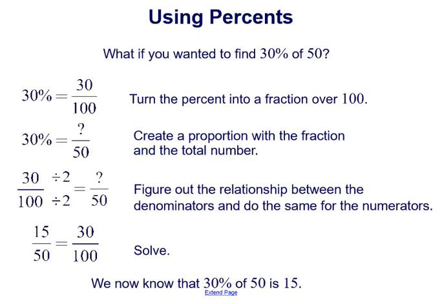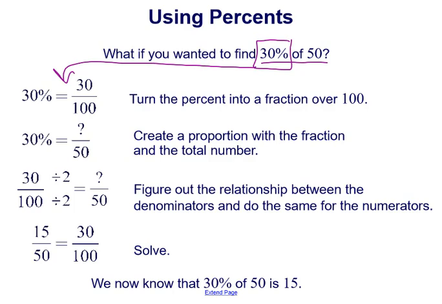The first will be using the fact that a percent is a total out of 100, so we can turn that into a fraction. So we have our same example here where we're still trying to find 30% of 50. The first thing we're going to do is take that 30% and turn it into a fraction over 100. 30% would equal the fraction 30 over 100.